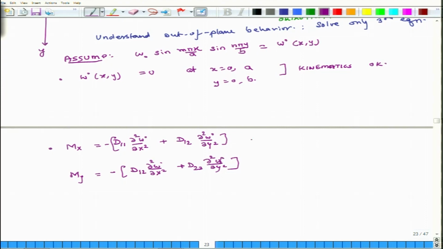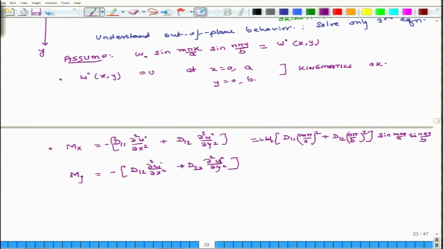Okay. So this gives us minus D11 m pi over a whole square plus D12 n pi over b whole square, times sin m pi x over a sin n pi y over b, and then of course there is a W naught here.